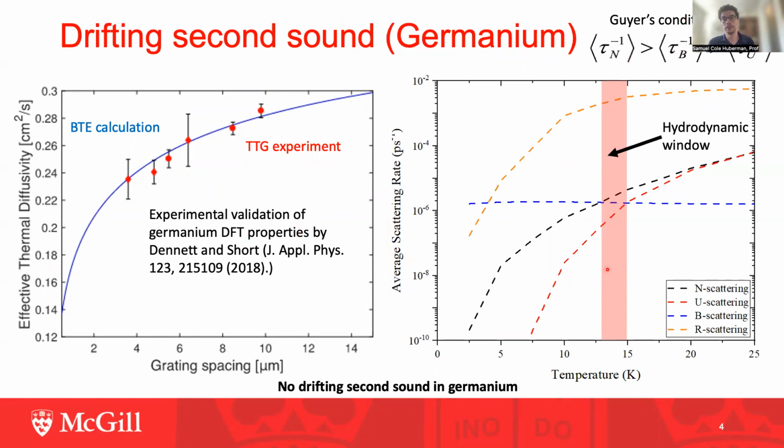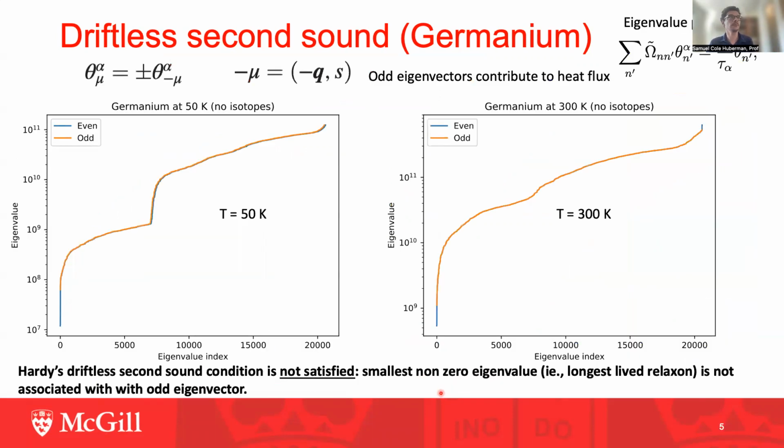And if we only consider umklapp scattering in a pure sample, we see that there's this very narrow hydrodynamic window at low temperatures. But as soon as we consider any small amount of isotopes, this hydrodynamic window disappears, making it practically infeasible to observe this type of drifting second sound in germanium.